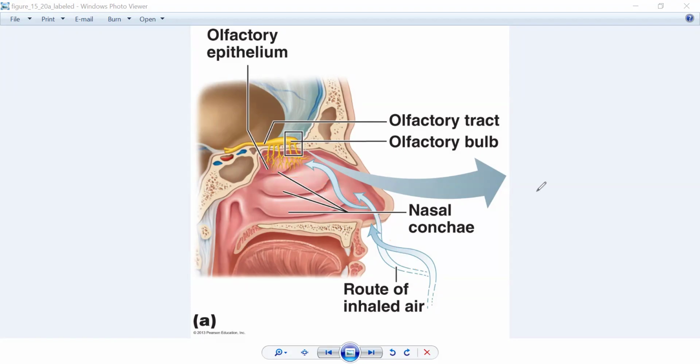One of the experiments in lab, you'll get a chance to do it, is you're going to have some taste tests. You'll be given a candy and you'll be asked to distinguish the flavor. Now, the person you're testing, you're going to ask them to hold their nose, and they should not be able to detect the flavor right away.